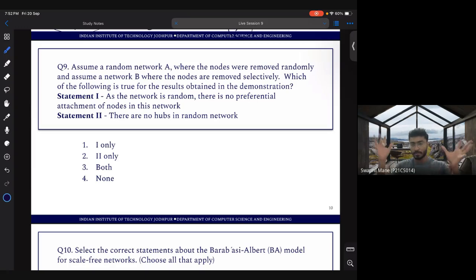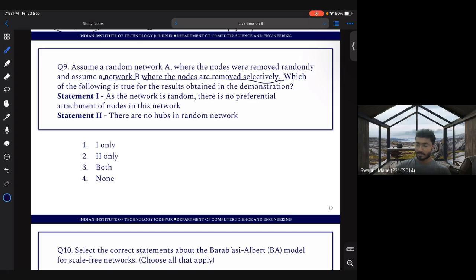Okay, we have generated a random network and removed nodes randomly, and assume a network B. There are two networks given, network A and network B. In network A, we have removed the nodes randomly, and in network B, the nodes are removed selectively. Which of the statements is true for the results obtained in this demonstration?